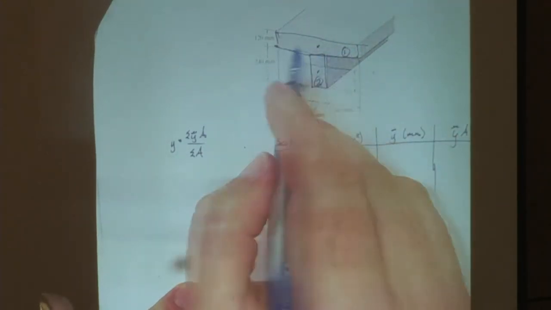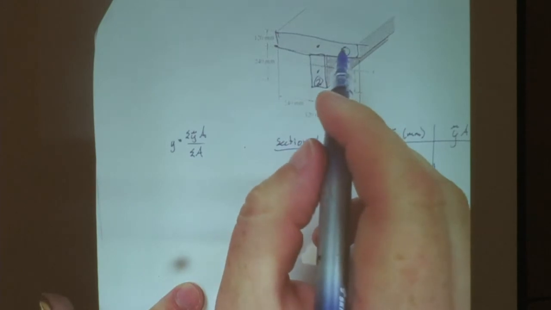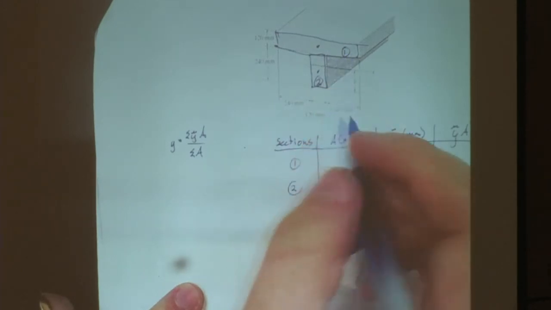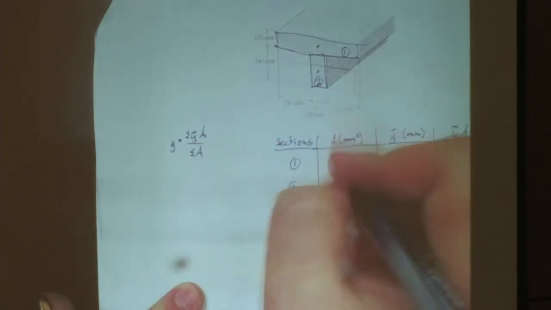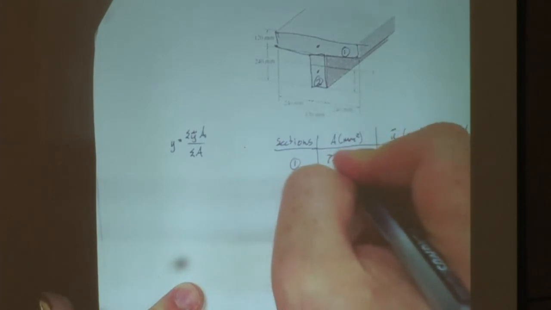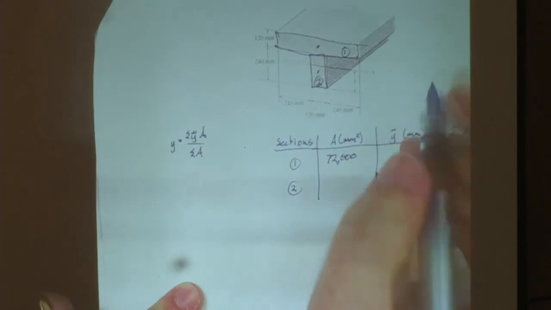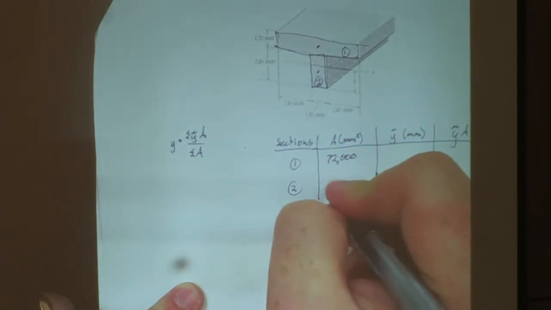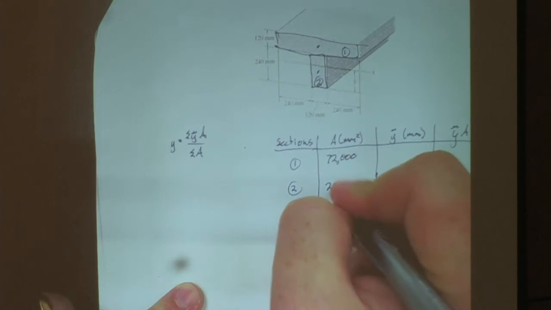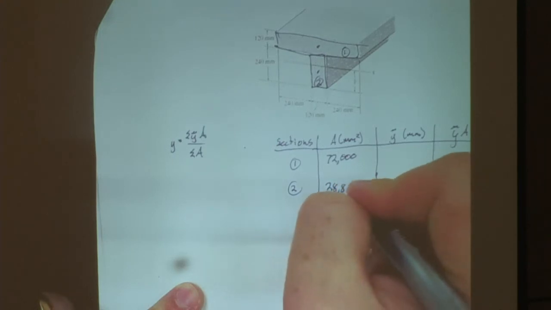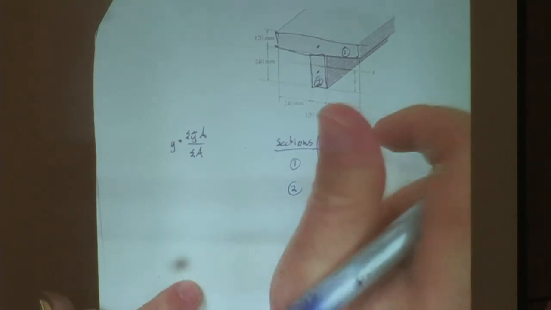So did anybody actually do the calculations on the top and bottom? No? All right. Well, let me tell you what it is. The area of the first one is going to be 72,000 millimeters squared, and the area of the bottom one is going to be 28,800 millimeters squared.